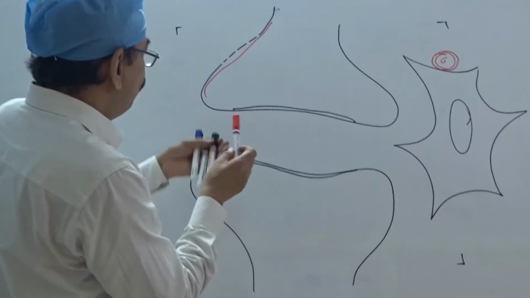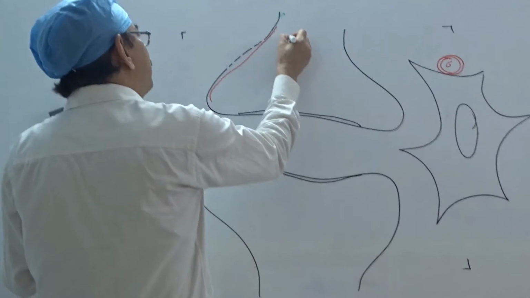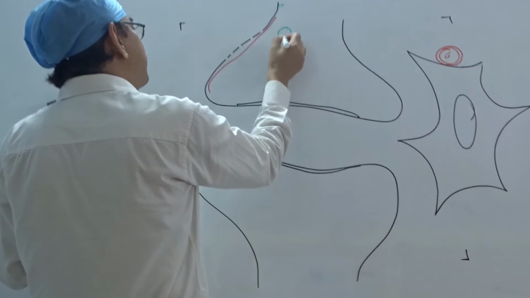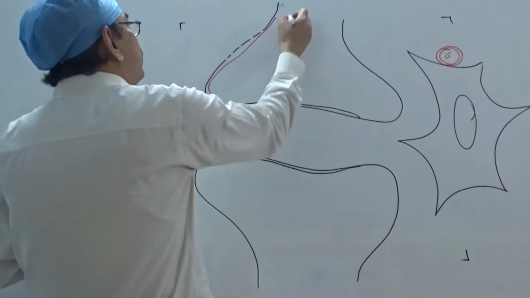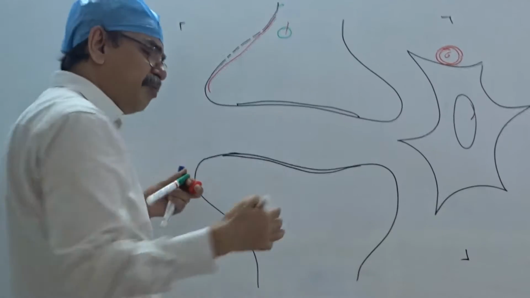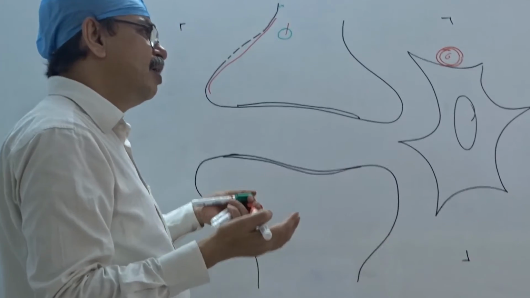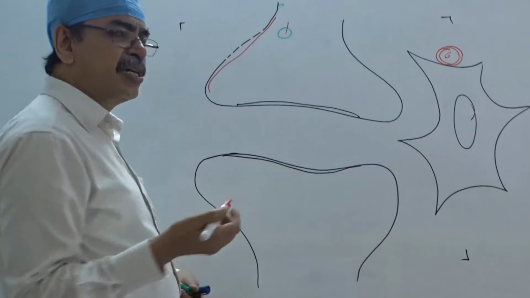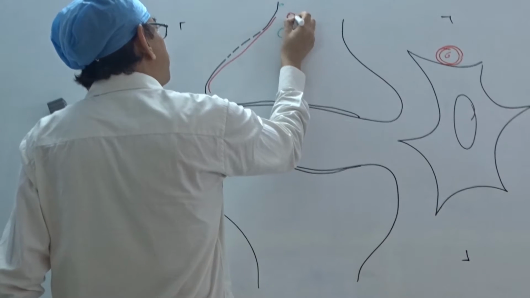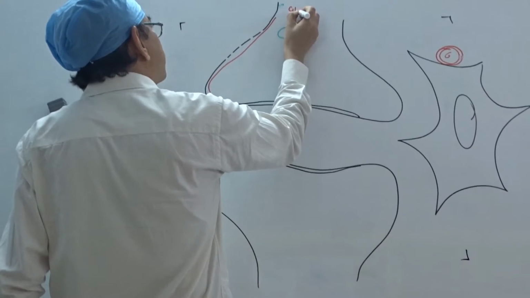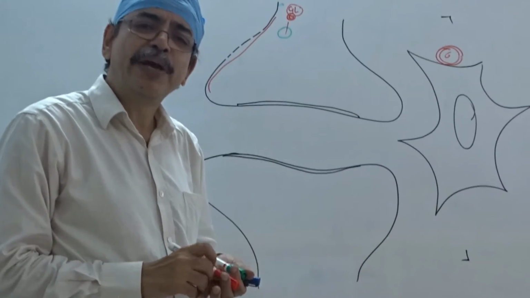How? We know that there are some clear vesicles. These clear vesicles receive the neurotransmitters. There are many neurotransmitters. Maybe for our discussion, we know that there is glutamate. Glutamate is produced from an amine, that is glutamine.